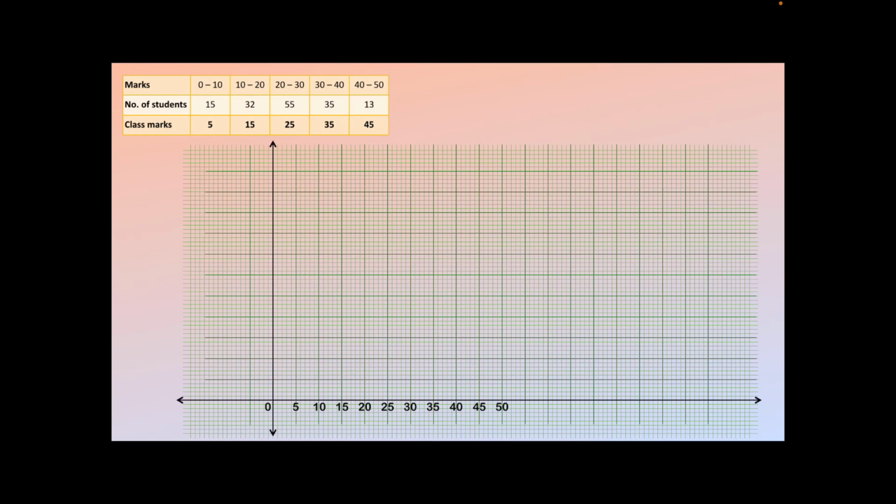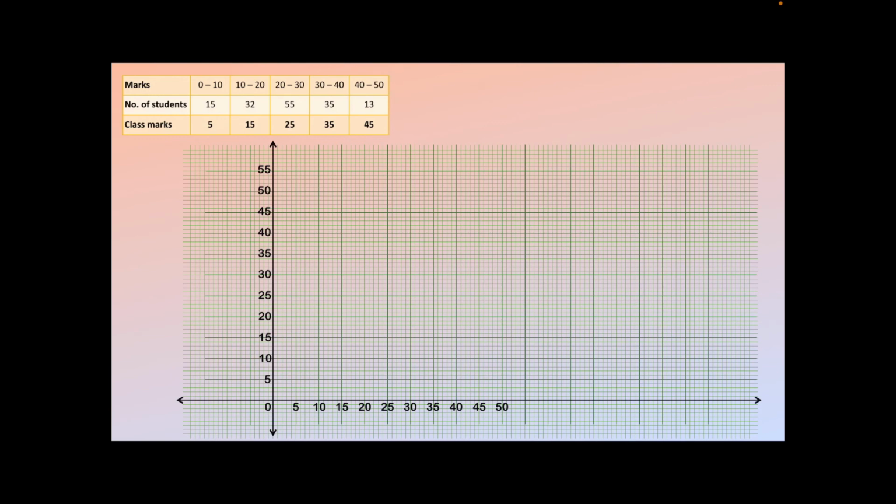Here we have taken the scale as 1 unit equals 5 marks. In the same way, depending upon what frequencies are given in the data, we take those on the y-axis using a suitable scale. Here on the y-axis also the scale taken is 1 unit equals 5 students.